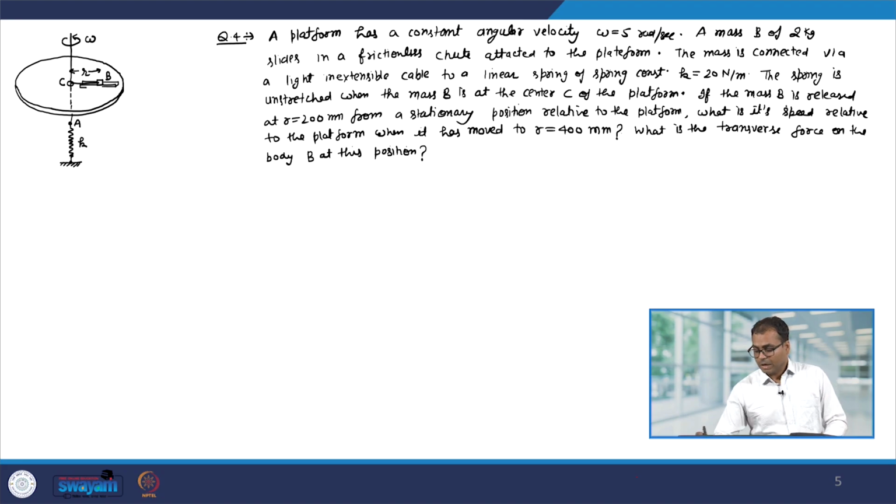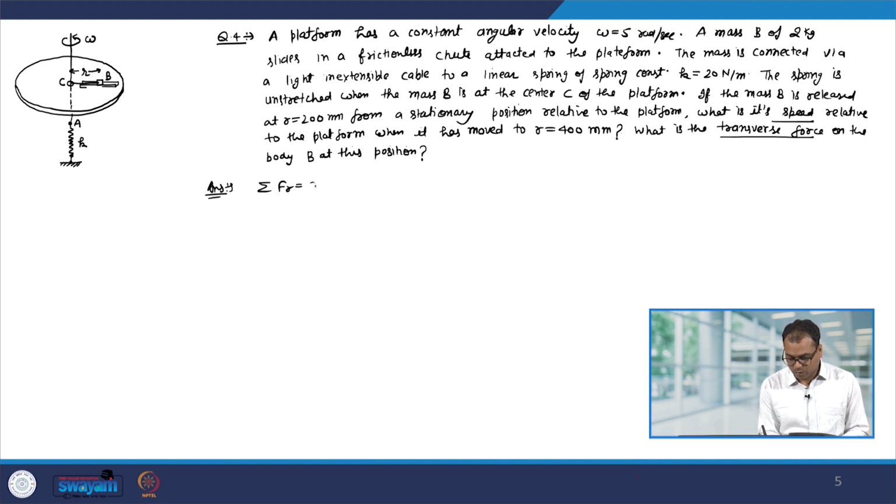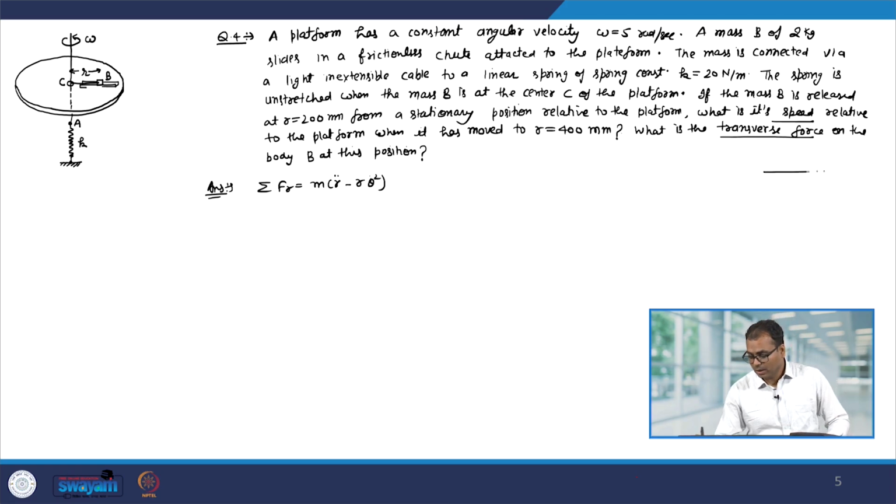In this question, we have been asked to find out the speed and the transverse force. To find out the speed, let us look at the equation of motion along the r direction. So, we have summation f r equal to m times r double dot minus r theta dot square. Now, the force along the r direction is because of the spring, and the spring force F equal to minus kx, where x is the extension, which in this case is r, and k is given.